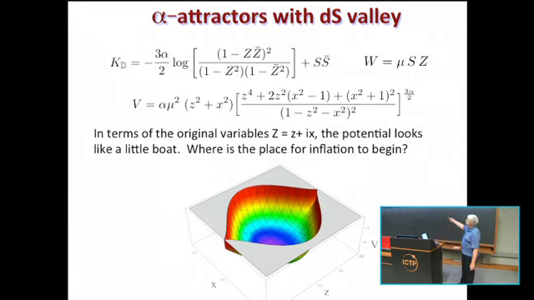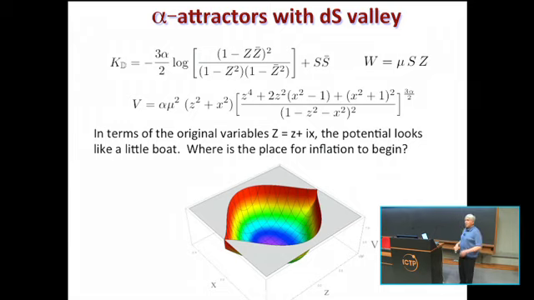So if we study a Kähler potential like that, with a very similar superpotential, just a different Kähler potential, then in our original coordinates we have a potential which looks like a small boat, and you wonder where at all I can have inflation there.